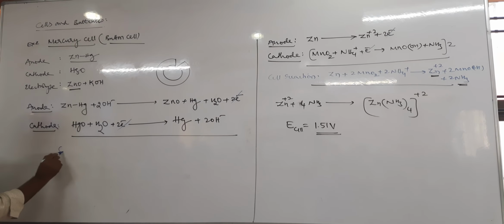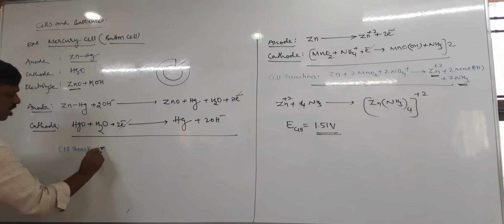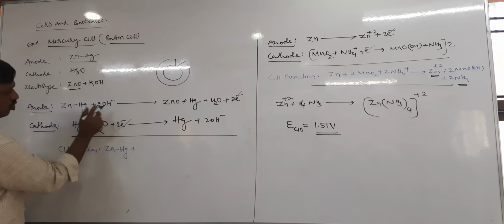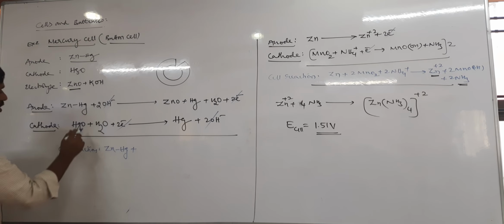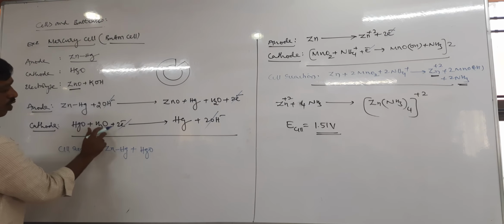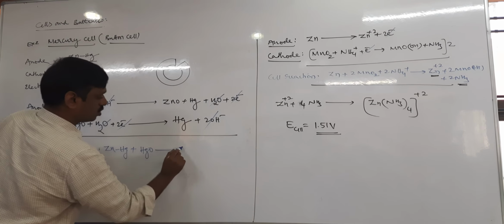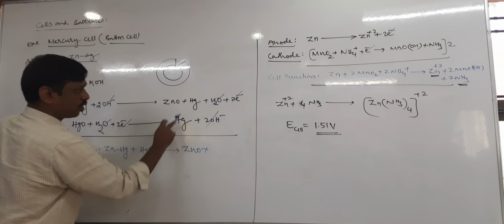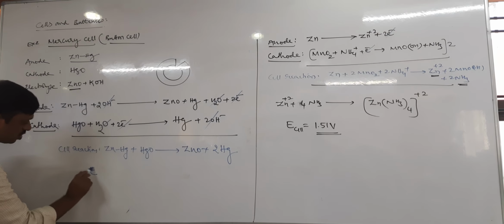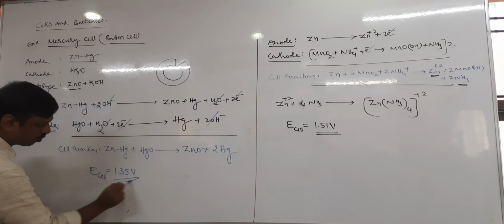Then what is the cell reaction? The cell reaction is zinc amalgam reacts with 2 OH minus and HgO plus one water molecule, giving zinc oxide plus 2 mercury. Then what is the cell potential of this reaction? E cell is approximately 1.35 volt.